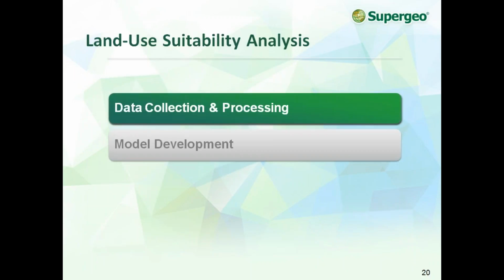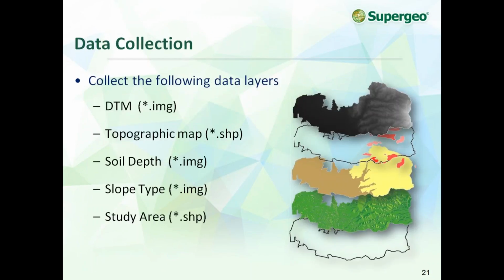Okay. So now I want to talk more about the data collection and the data processing before we use the suitability model. Just as I mentioned before, I need the data. So I collected the following shapefile and raster data. I can use the DTM to generate the slope layer in SuperGIS Desktop, and create the topography.